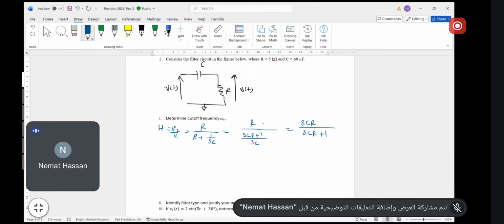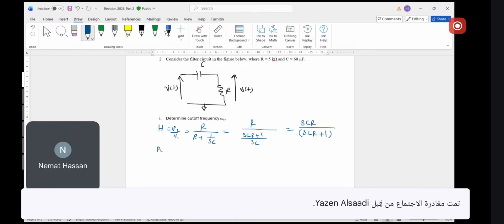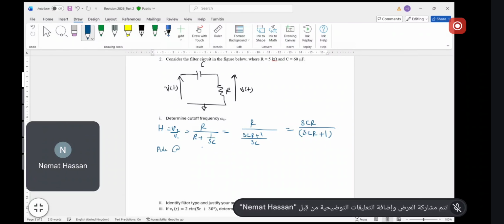So if you look here, you notice we have 1 pole at, okay, actually this is for the next step. You look here at the denominator, you'll notice that the cutoff frequency omega c based on this normalized form, same way, is 1 over CR, which is equal to what?